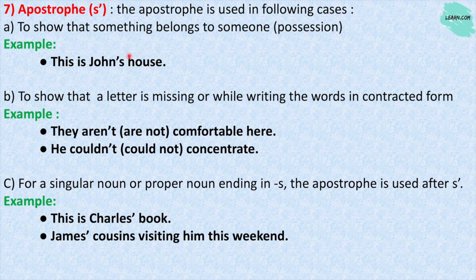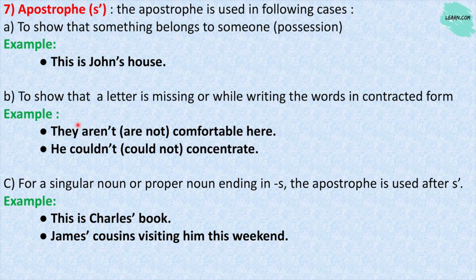After reading this we come to know that the house belongs to John. John is the owner of this house. He is in possession of this house. So to show the possession or ownership of a particular thing or object, we use the apostrophe. So the first use of the apostrophe is to show possession.